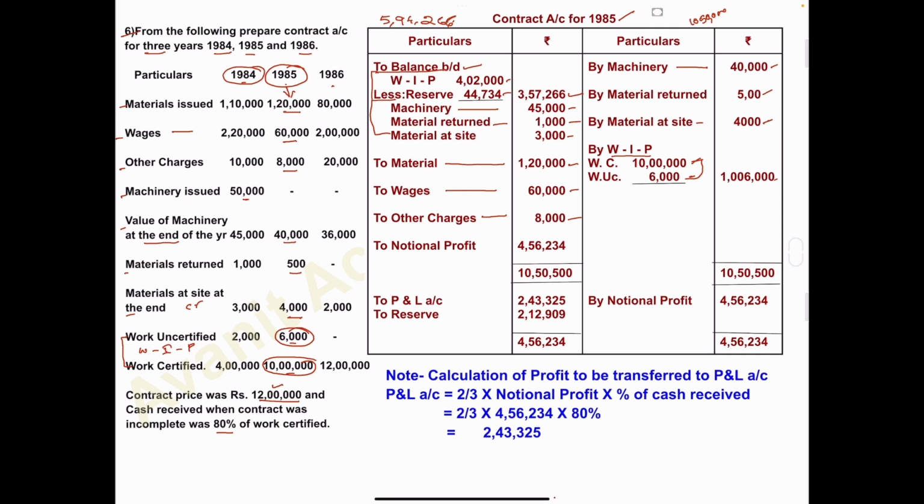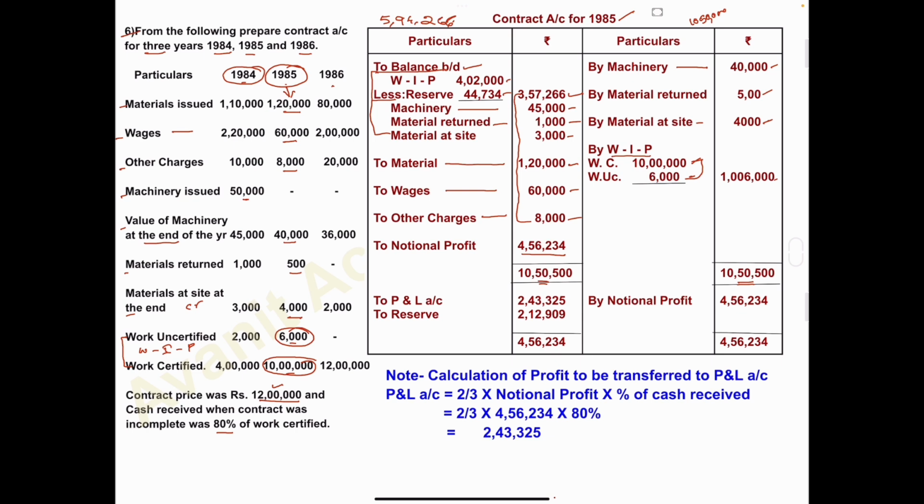We'll take that amount here. We'll write 10 lakh 50,500, and same amount we'll write on the debit side, 10 lakh 50,500. From 10 lakh 50,500, deduct all these above, or deduct 5,94,266, and you will get the balance 4,56,234.